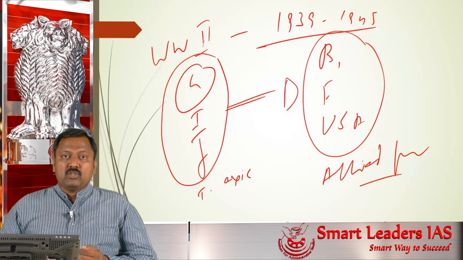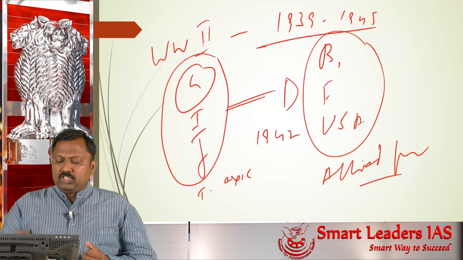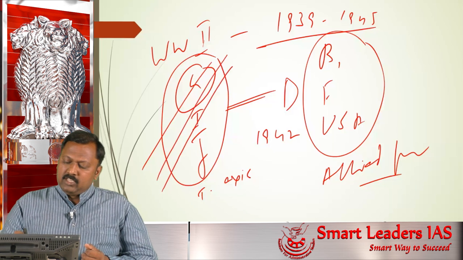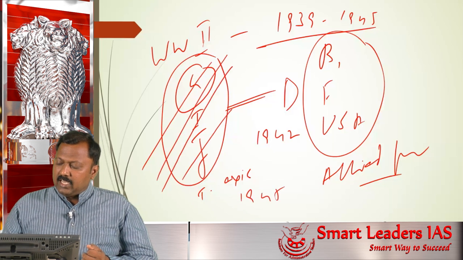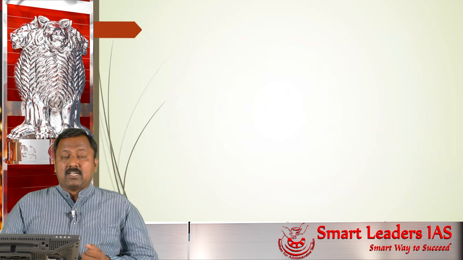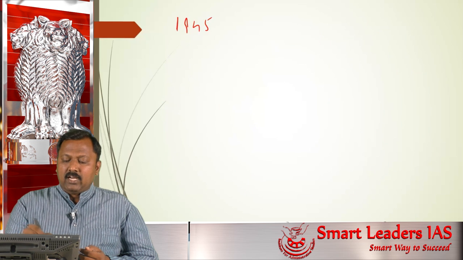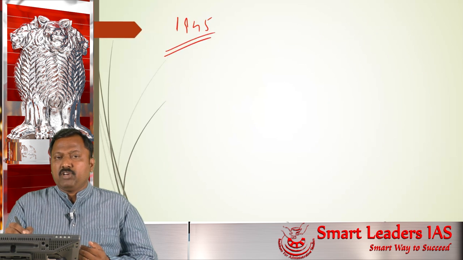In this fight between the Axis powers and the Allied powers, initially the Axis powers were successful, but after 1942 the tide began to change. Within a short duration, in 1945, the Allied powers defeated the Axis powers, and Hitler was compelled to resign, and Hitler committed suicide in the year 1945, and in 1945 the Second World War ended.